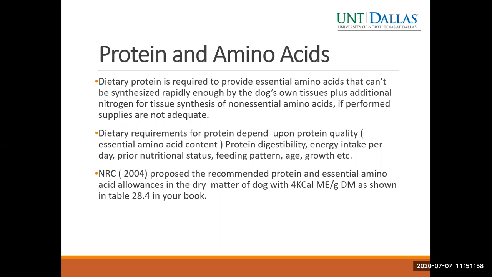So dietary requirements for protein depend upon the protein quality, that's the essential amino acid content, the protein digestibility, energy intake per day, prior nutritional status, feeding pattern, age, growth, etc. The National Research Council in 2004 proposed the recommended protein and essential amino acid allowances in the dry matter of dog food with 4 kilocalories metabolizable energy per gram dry matter, and that's shown in Table 28.4 in your book.